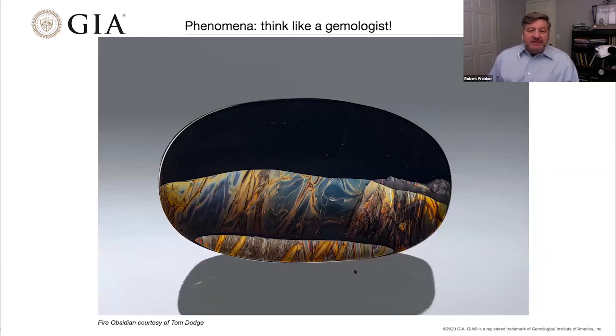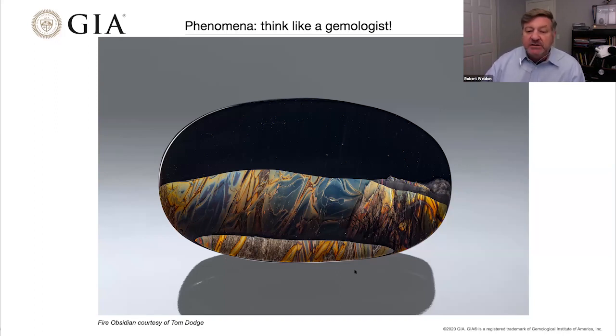Oh, this is an incredible piece that I photographed recently. It's a fire obsidian, and it comes from Oregon. Absolutely incredible colors. This is very, very challenging to photograph. It's highly directional in terms of how you view the stone, how the light shines on it, how you tilt the stone.